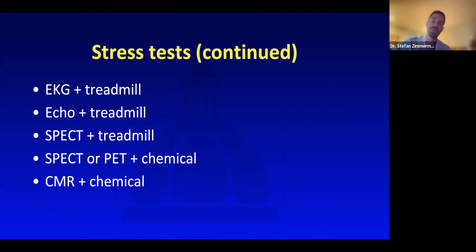You can do the same, the SPECT or the PET, with the chemical stress test. And actually, you can also do an MRI with the chemical stress test as well. So again, we're simulating exercise with this chemical, and we're injecting dye, be it a nuclear medicine dye for SPECT or PET, or an MRI dye for the cardiac MRI, and taking pictures to see if the blood flow is normal.